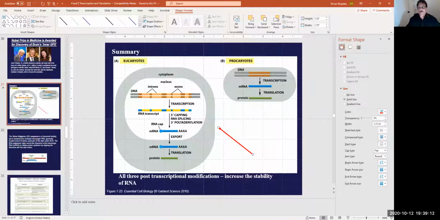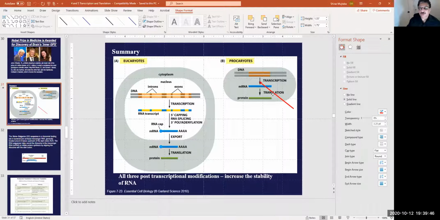So let's go to the slides, and I would like to start here. If you notice, I have paid a lot of importance to this figure to highlight the complexity in eukaryotic transcription: post-transcriptional changes, which are capping, poly-A addition on the 3' end, splicing, then export to the cytoplasm for translation, which is very much in contrast to bacteria or prokaryotes, where it's almost a straight line.